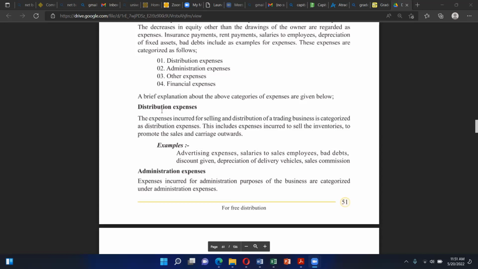Just copy the examples: advertising expenses, sales promotion, salaries to sales staff, bad debts, discount allowed, depreciation of delivery vehicles or motor vehicles that is used for delivery purpose, and sales commission.